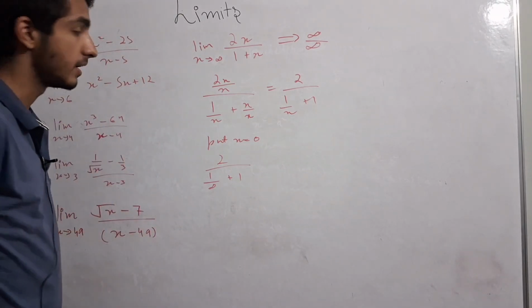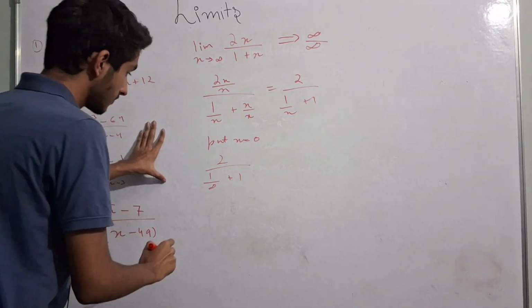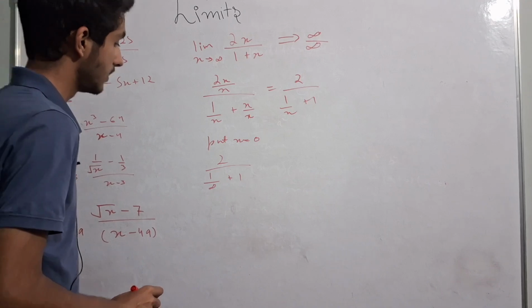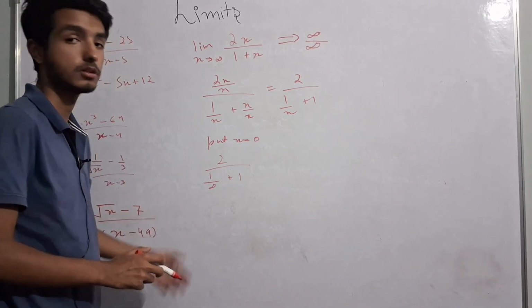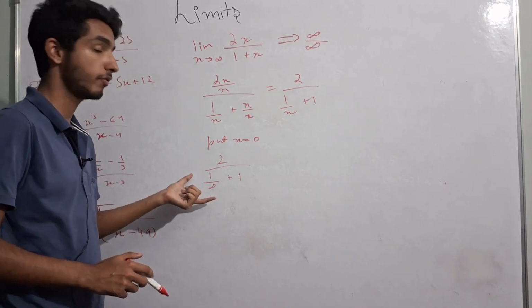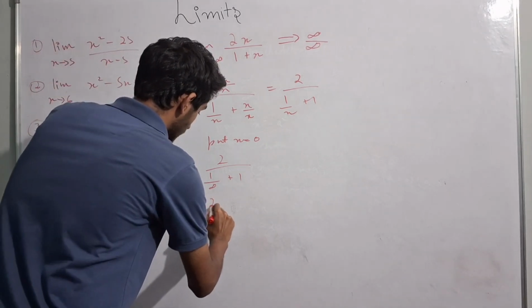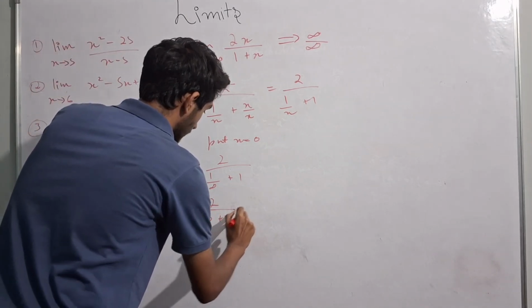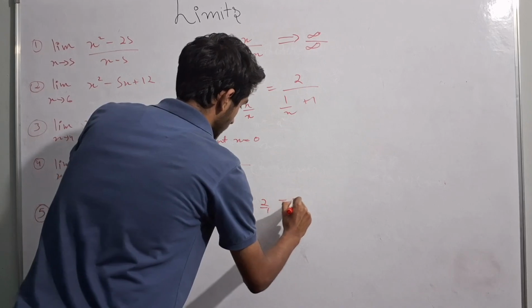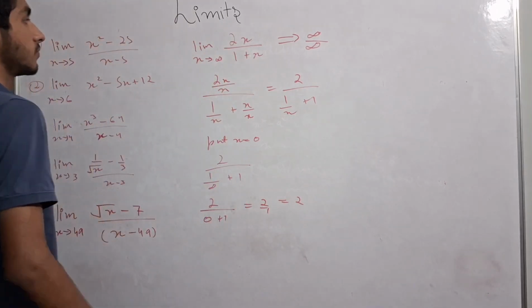Any number by infinity we get 0, because when the denominator is infinity, no matter what the numerator is, the whole fraction would tend towards 0. So I'll get 2 by 0 plus 1, which is 2 by 1, equal to 2.